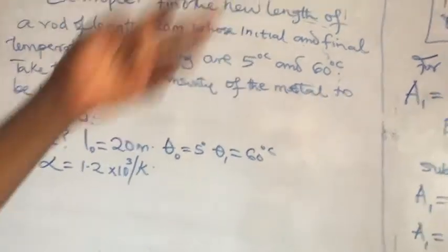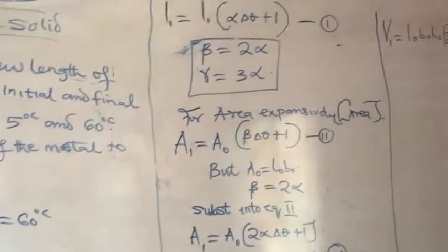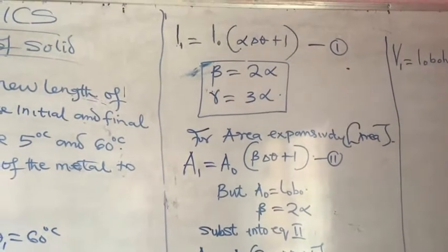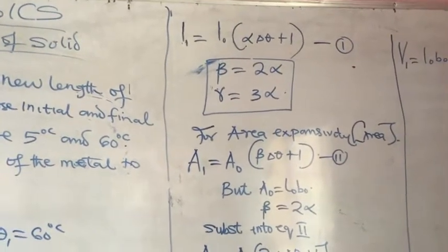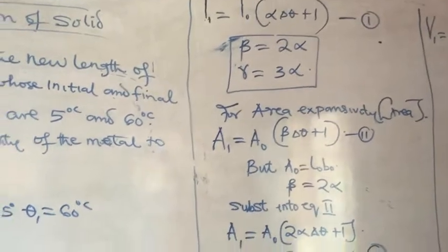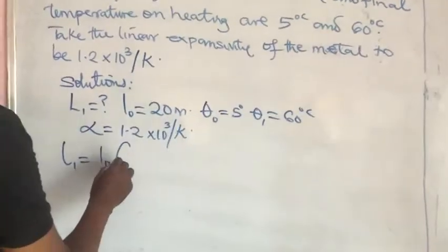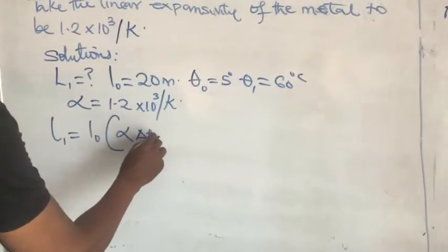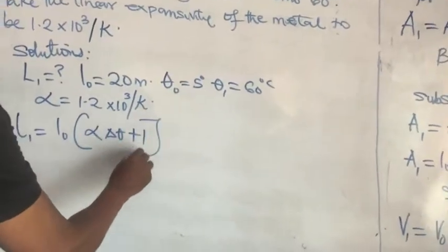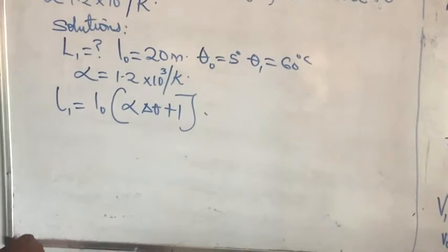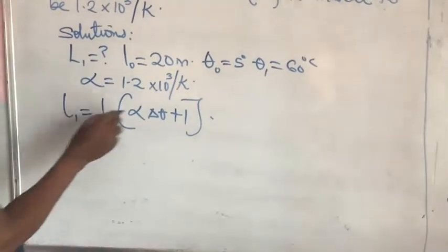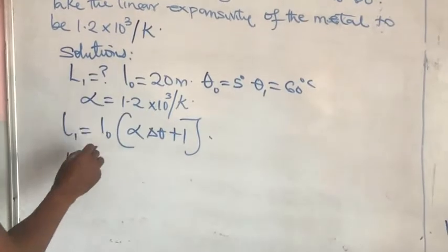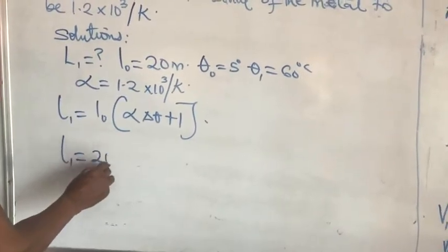Of course, the equation for new length, you can see equation 1, says L1 equals L0 bracket open alpha delta theta plus 1. So from what we have now, we can continue. We are looking for L1. L1 equals, what's your L0? L0 is 20, so I put 20.